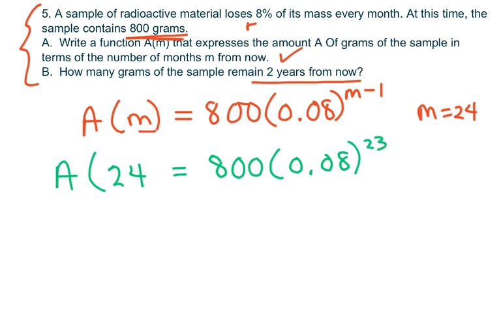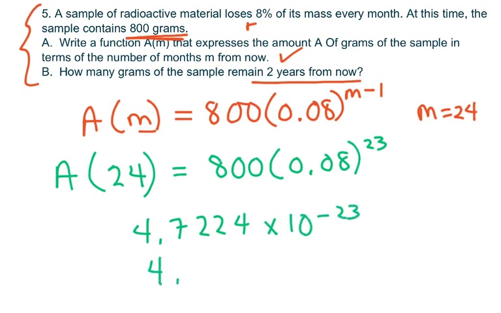And I used the calculator, and I got 4.722. I'm going to round to 4 times 10 to the negative 23, or you can write it this way, times 1/10 to the 23rd power. And that's all.